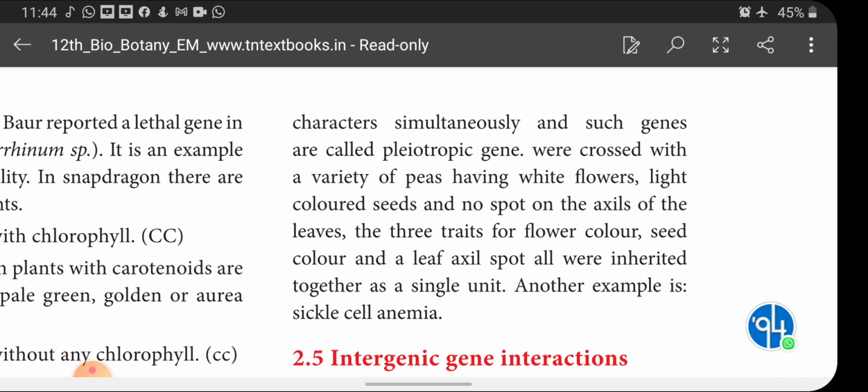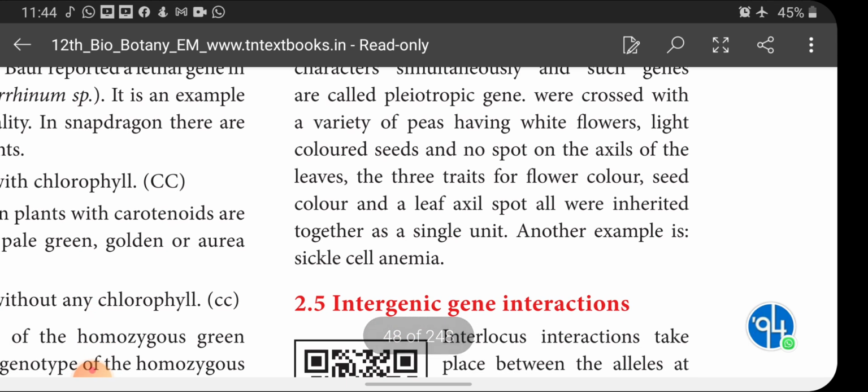In the pea plant, plants were crossed with a variety of peas having white flowers, light colored seeds, and no spot on the axil of the leaves. The three traits for flower color, seed color, and leaf axil spot were all inherited together as a single unit. Another example is sickle cell anemia.